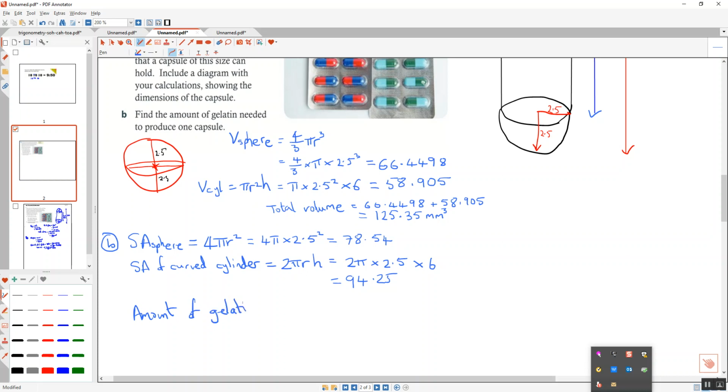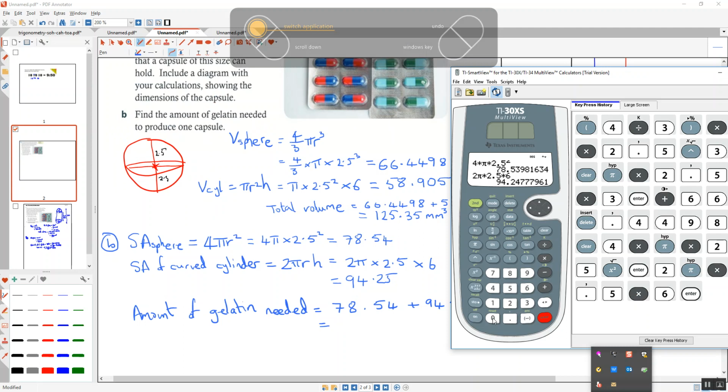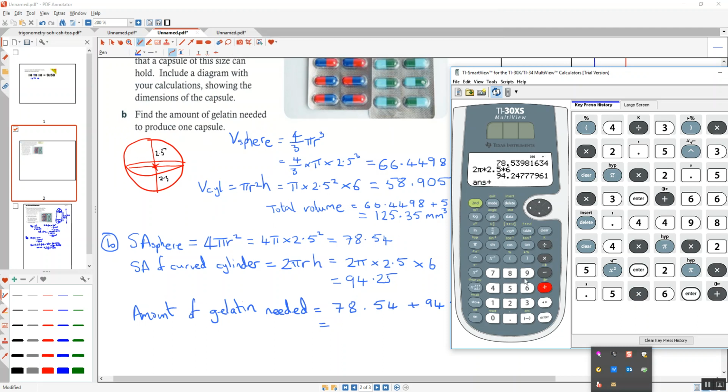So the total surface area, or the amount of gelatin needed, is equal to both of these added together. I've got 94.25 in the calculator already. Just hit add 78.54, which is 172.79.